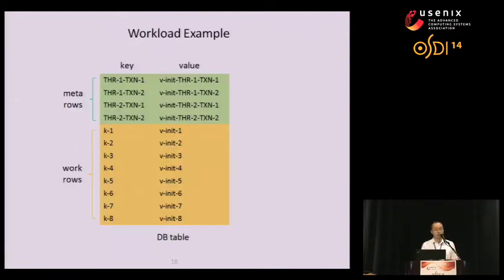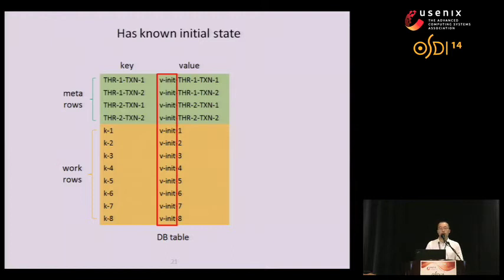Here's an example. In this example, we partition the database table into meta loads and workloads. There's one meta load for each transaction. For example, we have 2 threads, and each thread has 2 transactions, so there are 4 meta loads in total. Every load has an initial value so that we know the initial state of the database.